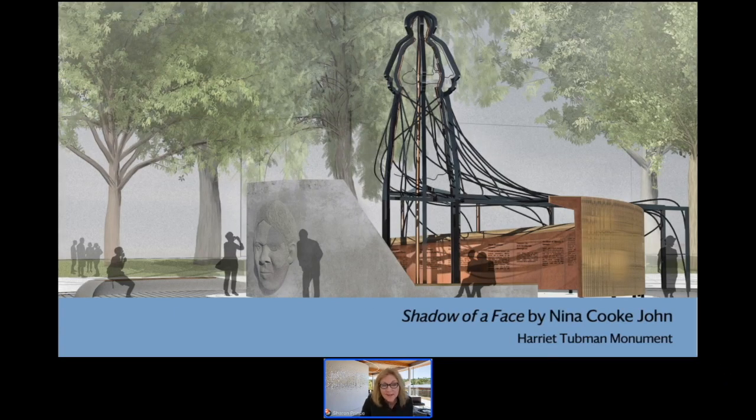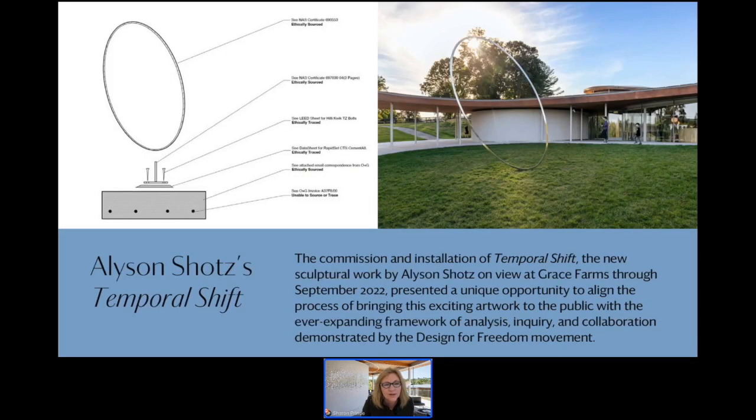Shadow of a Face by Nina Cook-John. She's replacing the city of Newark's Columbus Monument with the Harriet Tubman Monument. And we've announced that she is also designing our specific Design for Freedom exhibit here at Grace Farms as well. She's extraordinary.